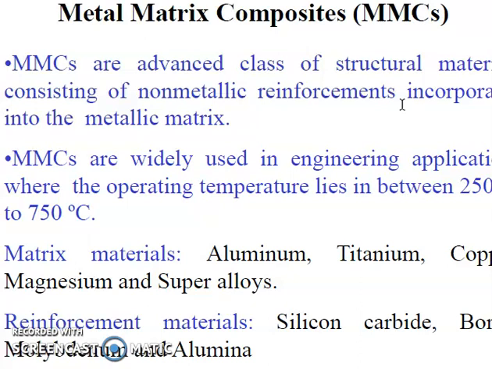They are widely used in engineering applications where the operating temperatures lie between 250 and 750 degrees centigrade. Normally matrix materials such as aluminium, titanium, copper, magnesium and some super alloys are used. The non-metallic reinforcements such as silicon carbide, boron, molybdenum and alumina are combined with a matrix material to form the metal matrix composites.